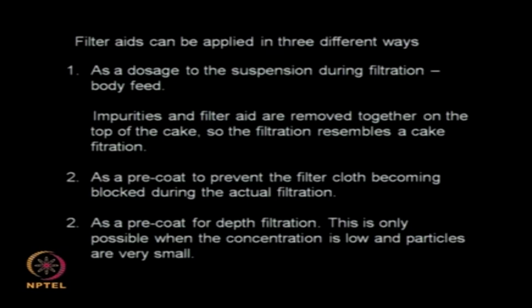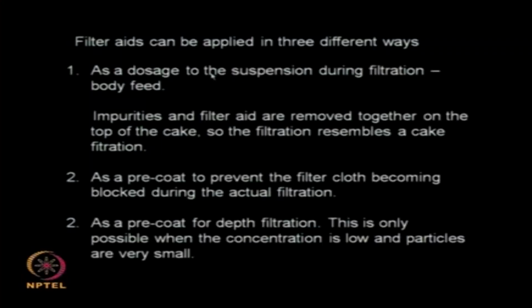If you are doing depth filtration, again you can use it as a pre-coat. This can be done if the concentration is low as well as the particle sizes are very small, because if the particle sizes are very large in depth filtration, the filter aid will not reach the bottom of the filtration unit. So filter aid can be applied in 3 different ways.